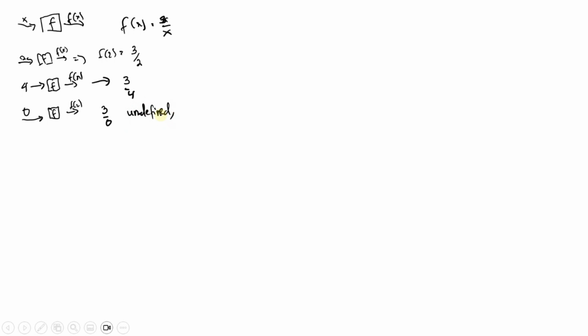So that's where the whole concept of domain comes in. So what is the domain of a function?